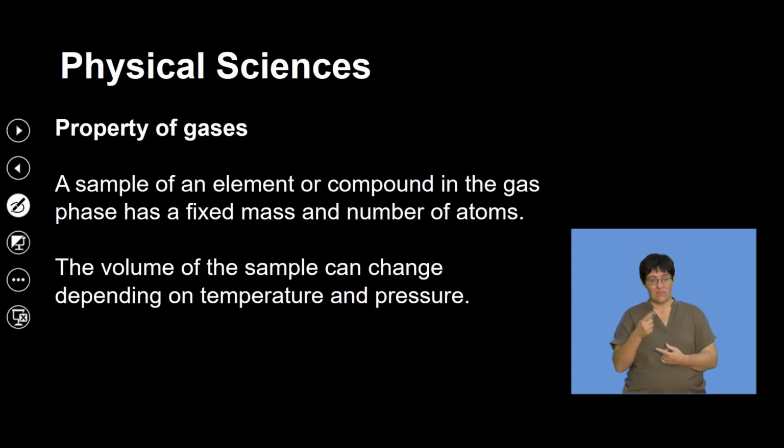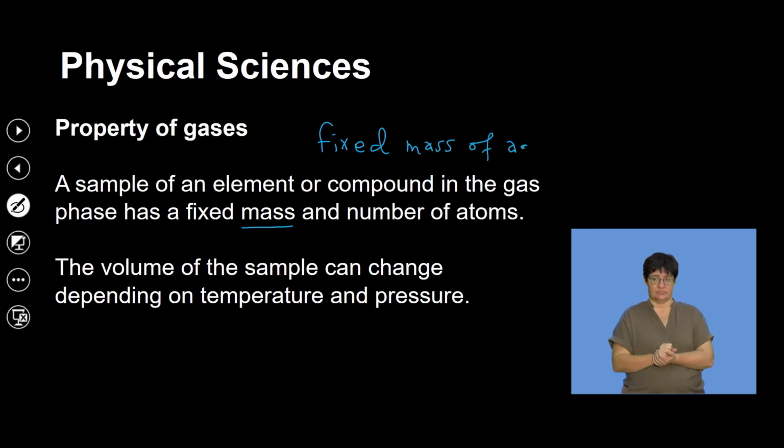Let's shift our attention a little bit and look at gases and see how it relates to gaseous substances in terms of quantity of matter. A sample of an element or compound in the gas phase has a fixed mass. This phrase will be very common: fixed mass of a gas.